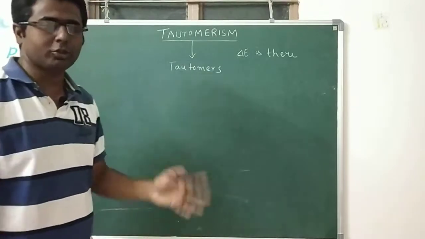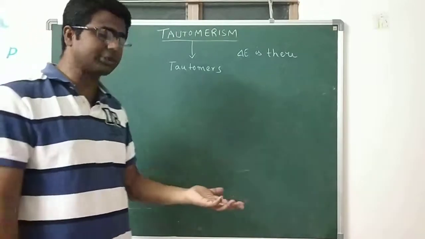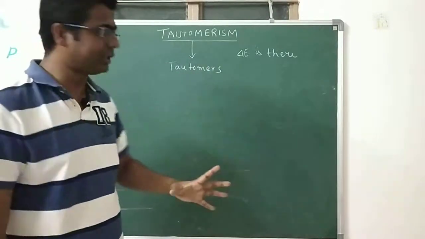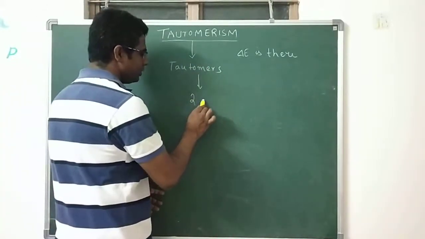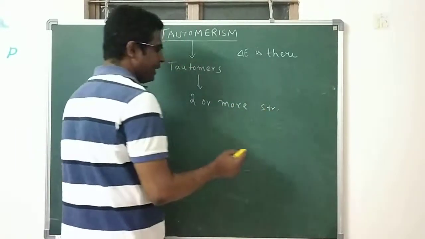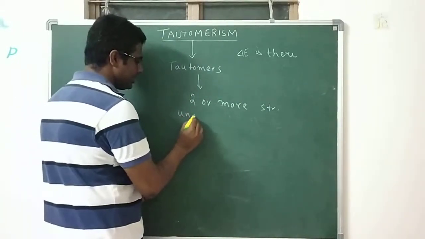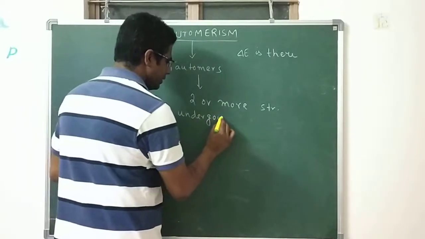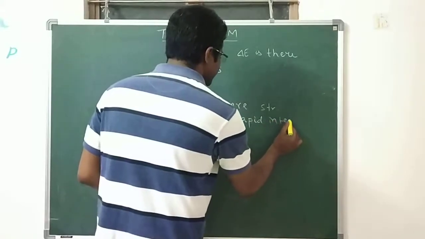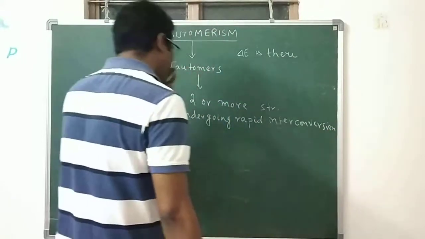What are tautomers? Tautomers are basically two or more structures undergoing rapid interconversions at ordinary temperature.